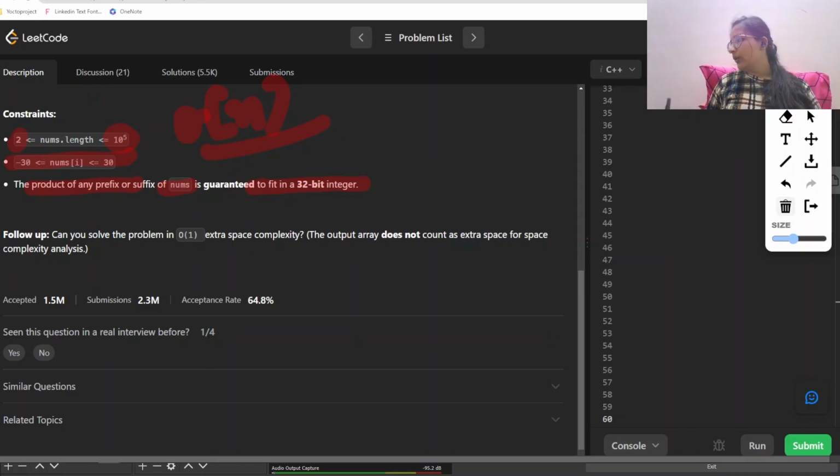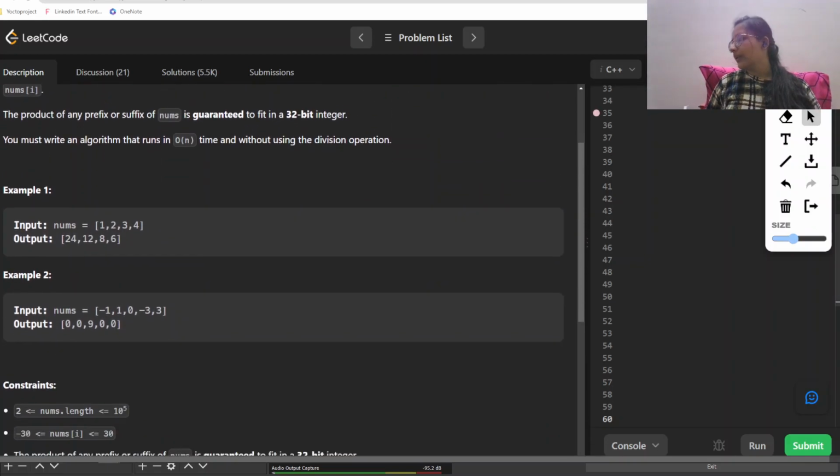Now let us understand this question with the example given to us. When we are at 1, we first check whether this is the first element. If it is, then surely there is nothing to the left of it, so we check the right elements, multiply them directly, and store the result at index 0.